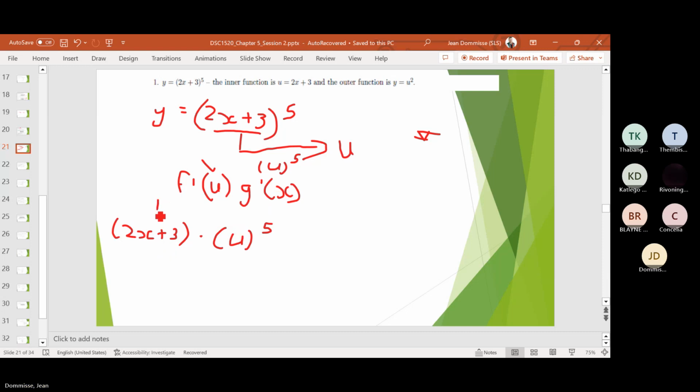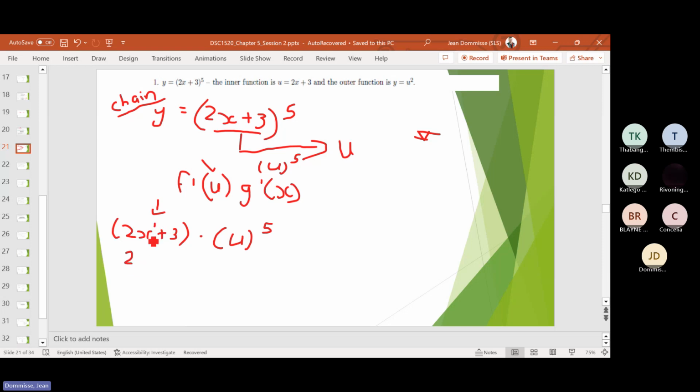So if we differentiate the first one, now remember we're working with a chain rule, but what is cool about this is to differentiate this one, we still use the normal power rule. So 2x plus 3 becomes 2.